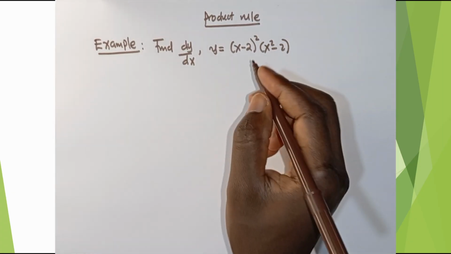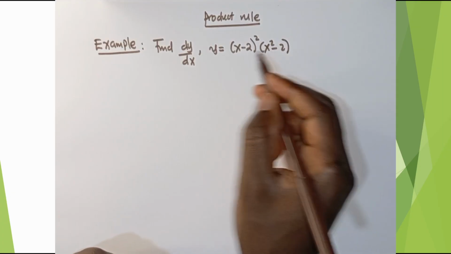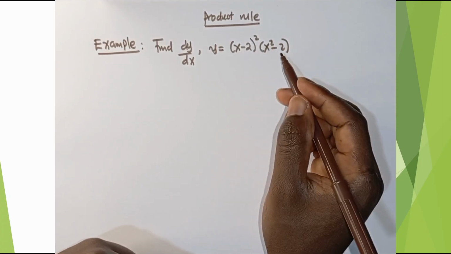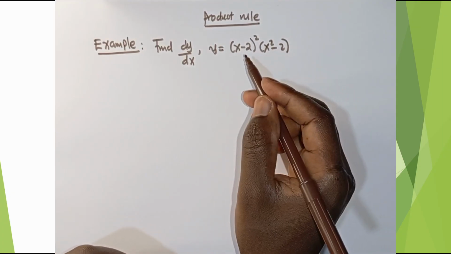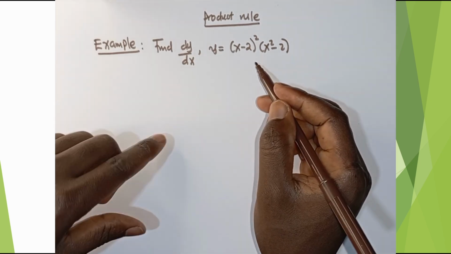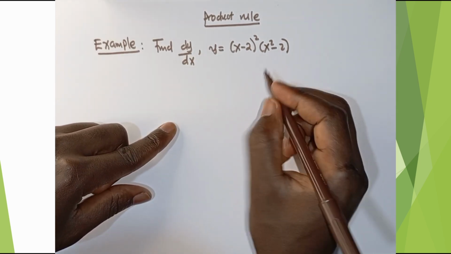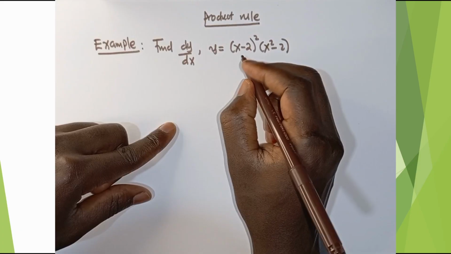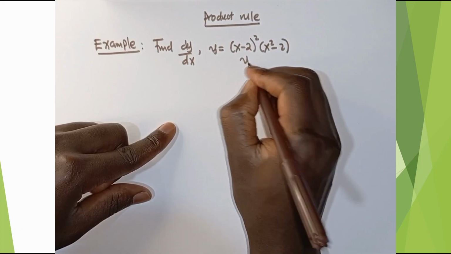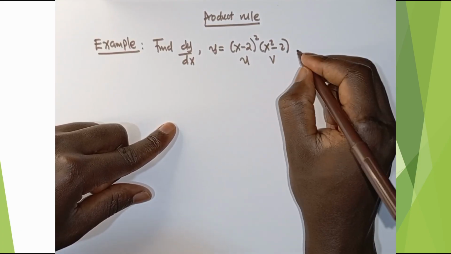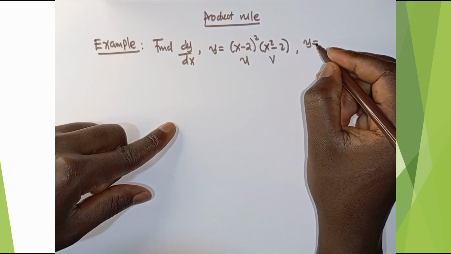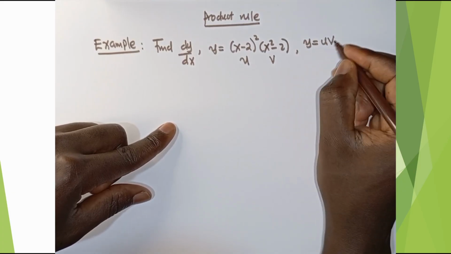Now, first of all, in such a case, the powers are whole numbers. They have no problem. What do you do? You first know who is your u and who is your v. This one is our u, and this is our v. Why? Because the product rule tells us that y has to be u v.